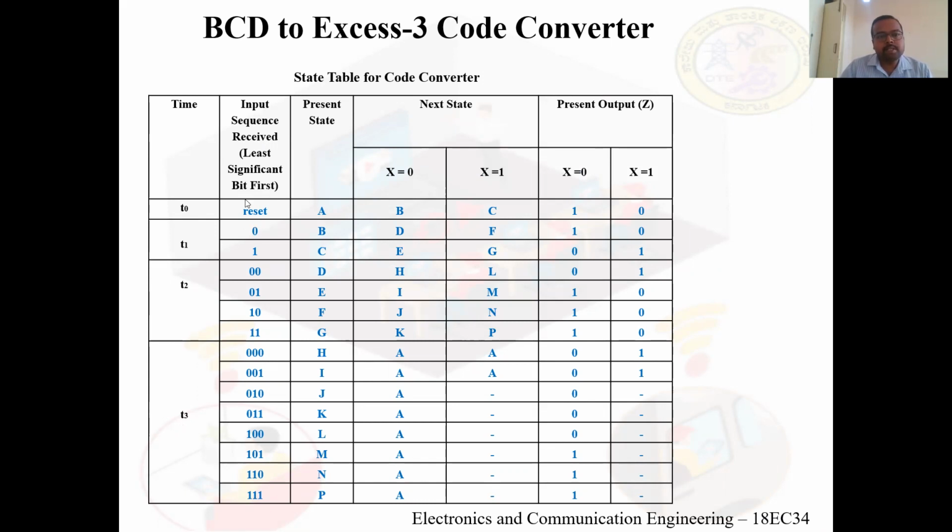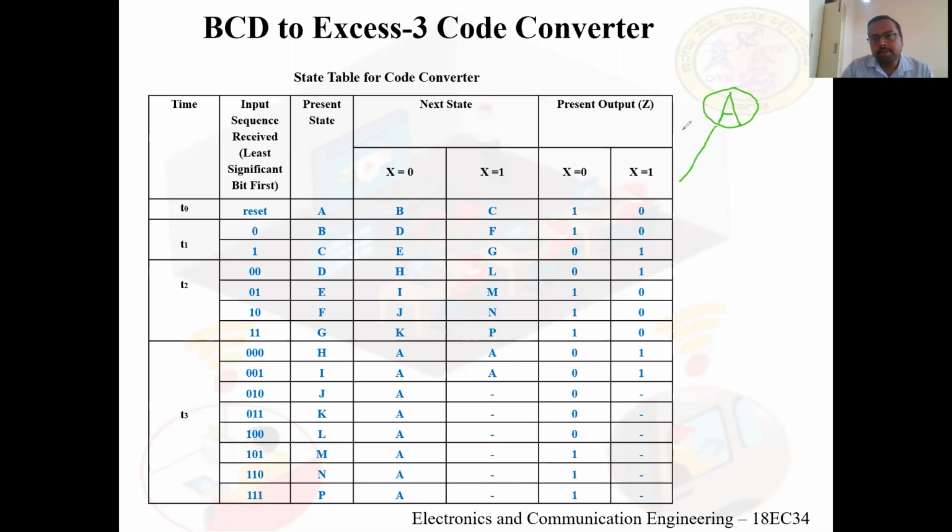And first we have a reset state, which is the present state A here. So when X is 0, the next state is B. When X is 1, it is C. This one is A, right?